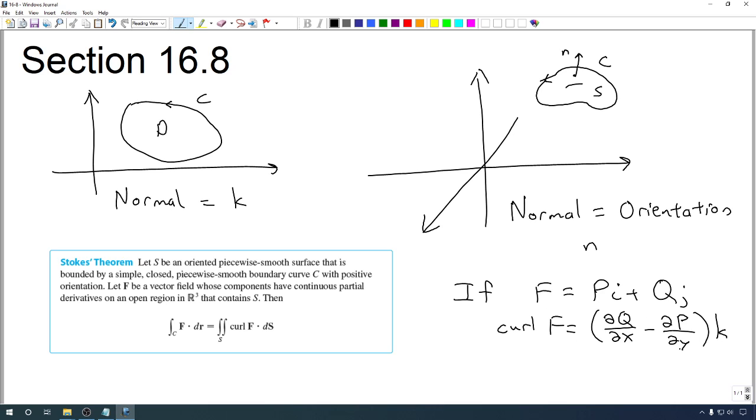If you took this curl and took the dot product with the unit vector k, then k dot k is going to be 1, and we're just going to have this inside. That is the integrand that we have in Green's theorem. Essentially meaning that Green's theorem is a special case of Stokes' theorem when we actually have our surface as part of our xy plane.